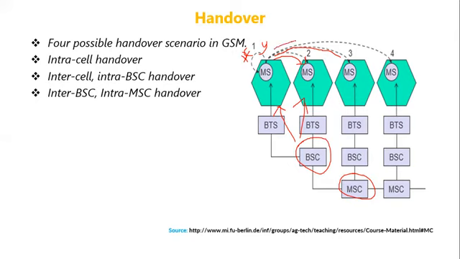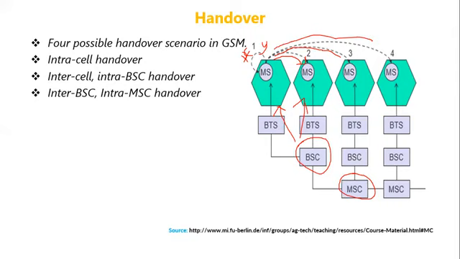It is from one MSC to another MSC. The handover may also be required between two cells belonging to two different MSCs. So these are the various types of handover that are possible: intracell, intercell, inter-BSC and inter-MSC handover.